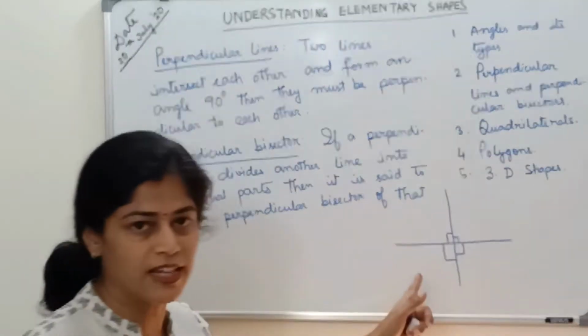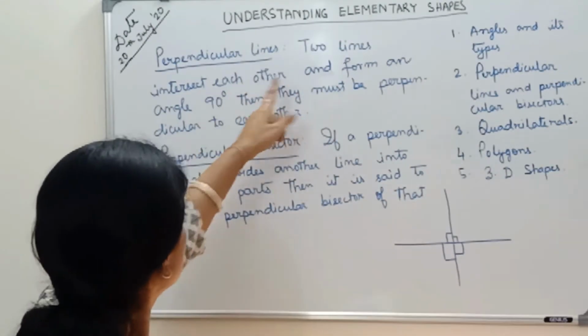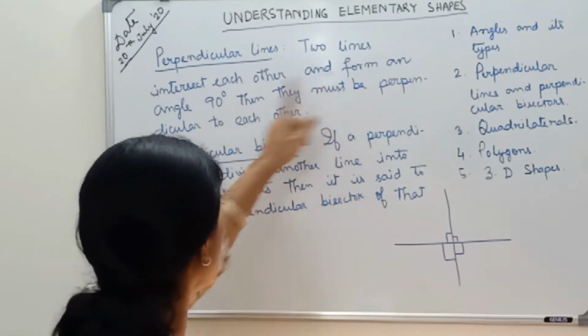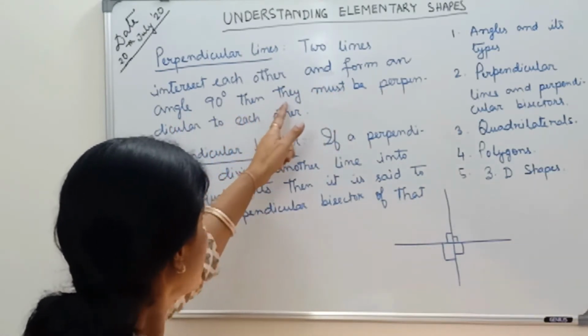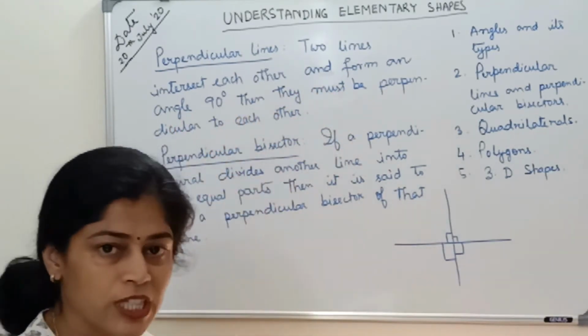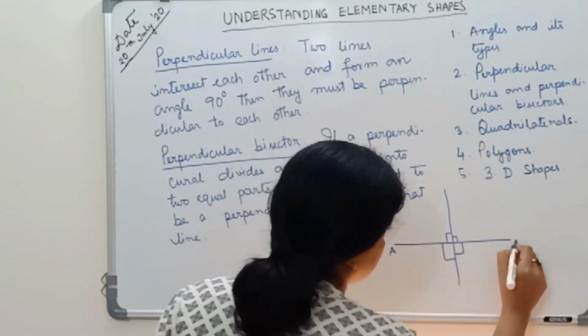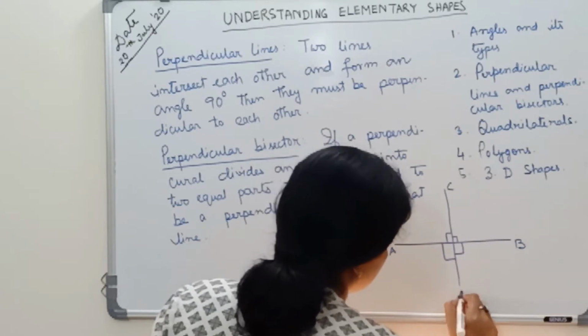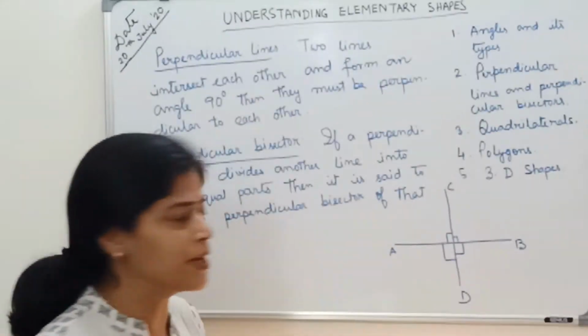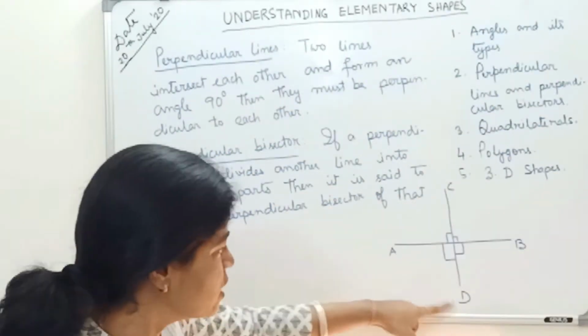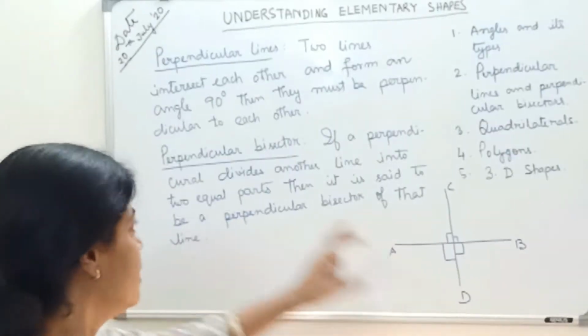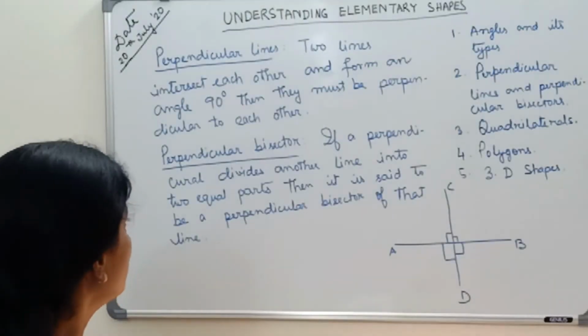All these angles are 90 degree. So if two lines intersect each other and form an angle of 90 degree, then they must be perpendicular to each other. If I name them AB and CD, then AB is perpendicular to CD, or CD is perpendicular to AB. So this is called a perpendicular line.